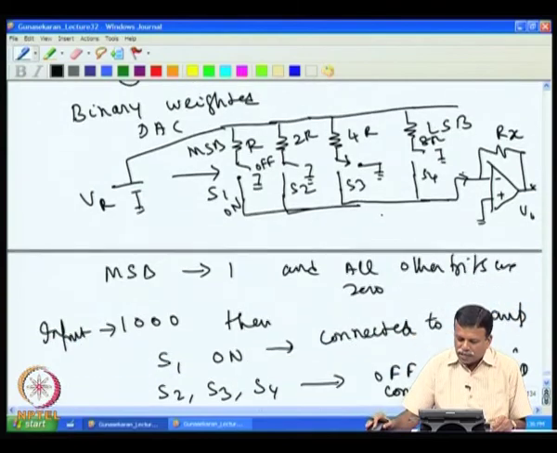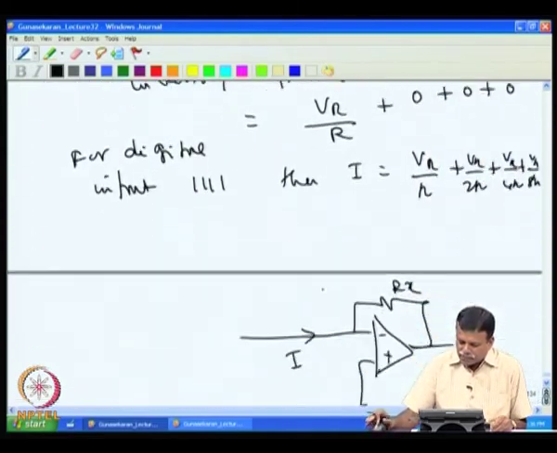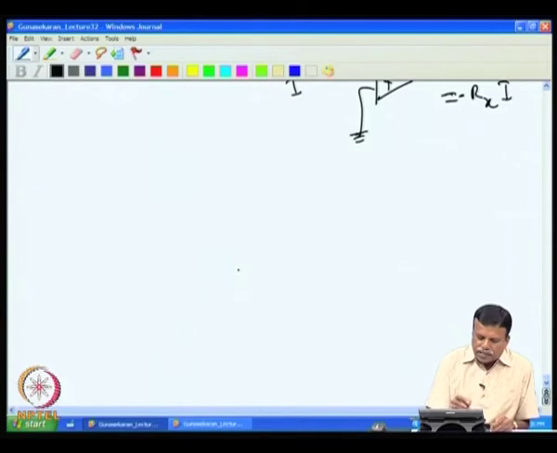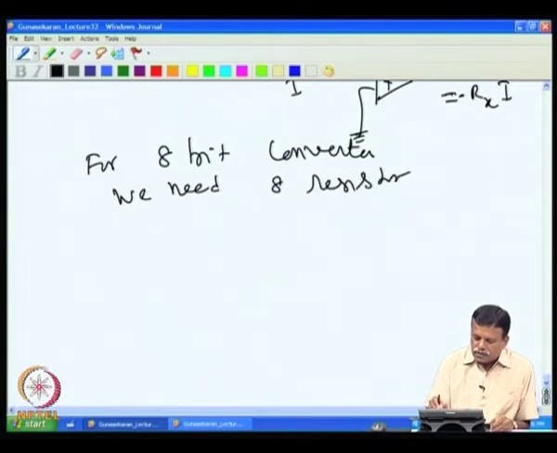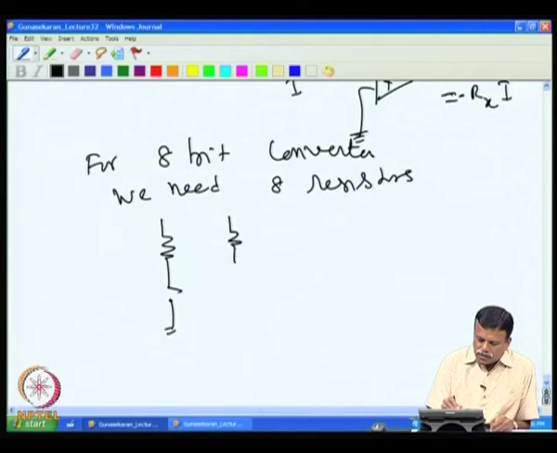Suppose I go for an 8-bit converter, then we need 8 resistors, the same 8 resistors.